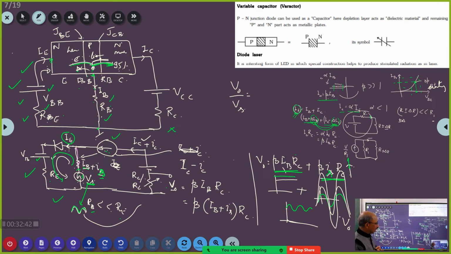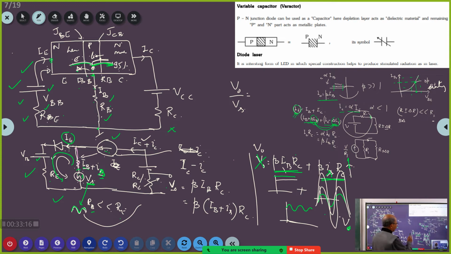Now when I am telling VO, I am calling this signal as VO. I will not now use this symbol here. Okay, I started with this symbol, no? Okay, use this symbol. I will use a different symbol for this. This is a VS dash.